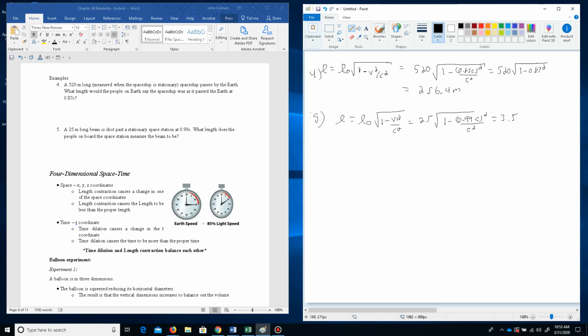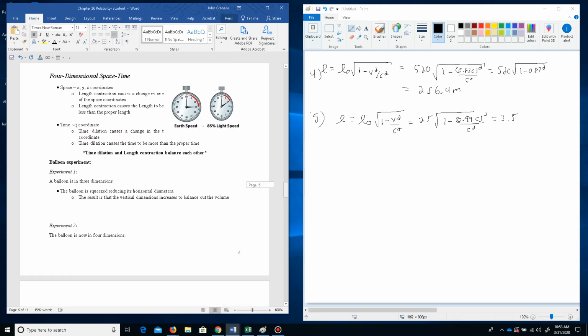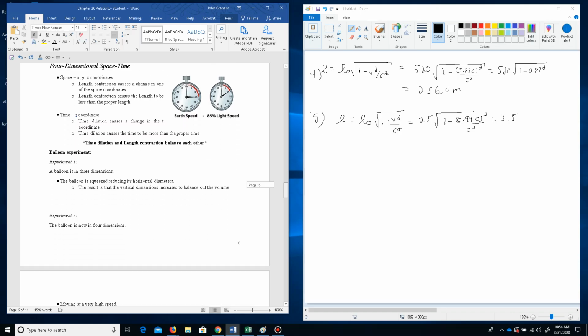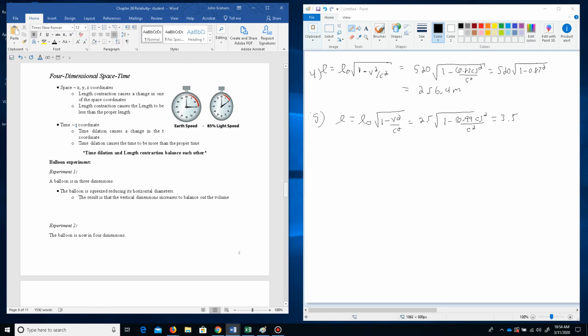Alright, so the idea behind this deals with 4 dimensions where we have space and time. So instead of what we think about with 3 dimensions where we have x, y, and z, we're dealing with the 4th dimension where we have time involved as well.